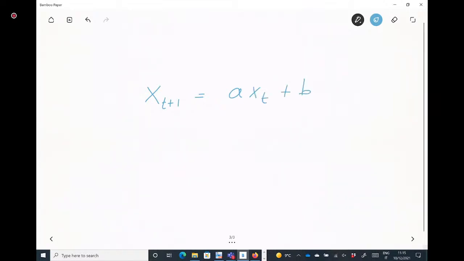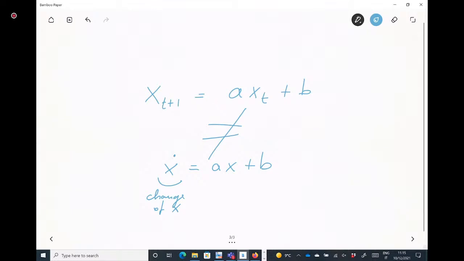This is not the same model in discrete time as x dot equal to ax plus b. They are two very different models because this is a kind of change of x.